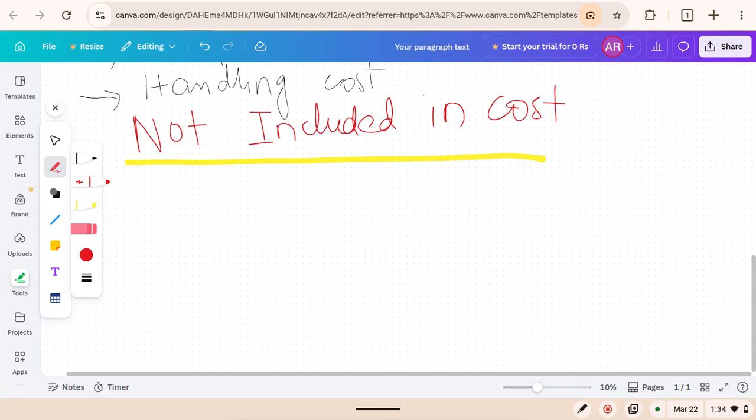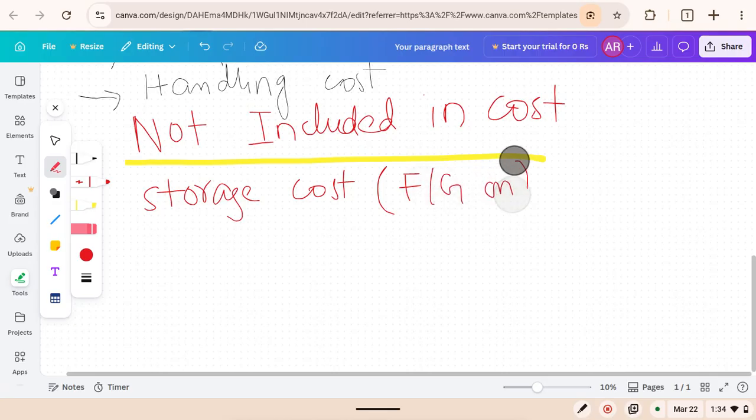Storage cost, of finished goods only. The storage cost of raw material and work in process is the part of inventory, but the storage cost of finished goods is not a part of the cost of inventory. Okay. Other thing, selling cost.